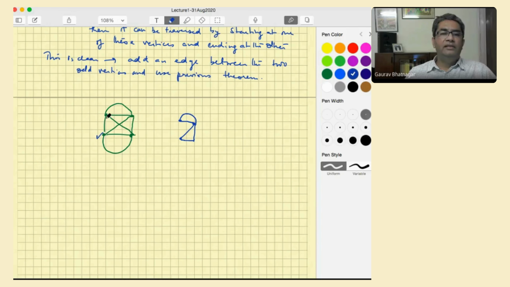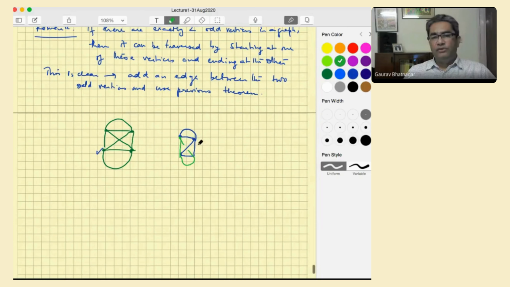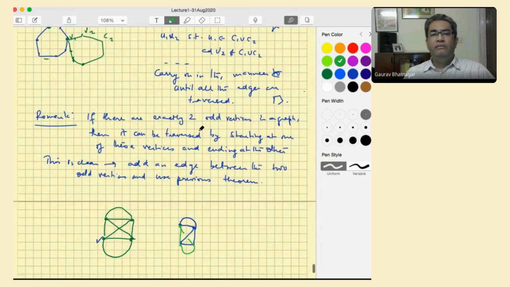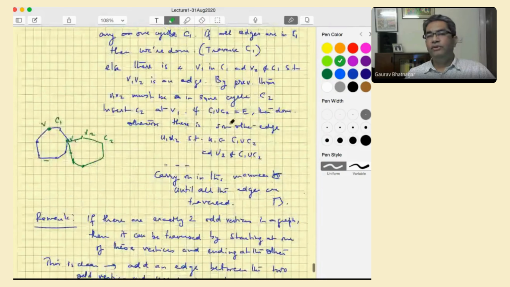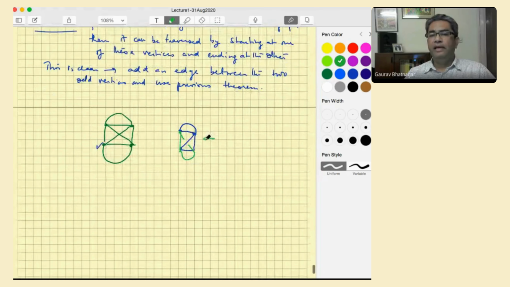Now another circuit. This guy is touching this guy and coming here and then coming back here. So go with this color. This chap goes here. Well, this is included. So let's do this and let's do this. And now we're done. So this is an algorithm in some sense for creating an Eulerian path, and it works quite well.